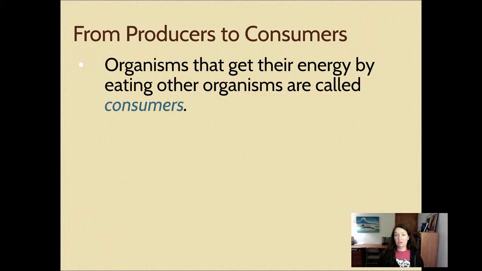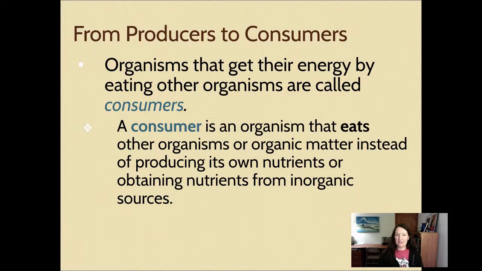So the producers then pass this energy onto what we call consumers. Consumers are organisms that get their energy by eating other organisms. So we, humans, and all other animals are consumers. We can't make our own energy, so we have to consume it. A consumer eats other organisms or organic matter instead of making their own nutrients, or they basically get their nutrients from consuming things.